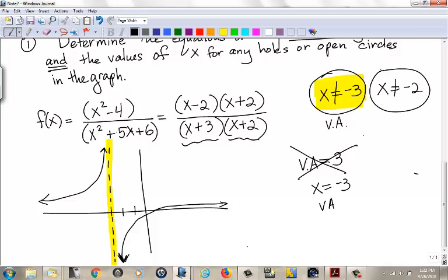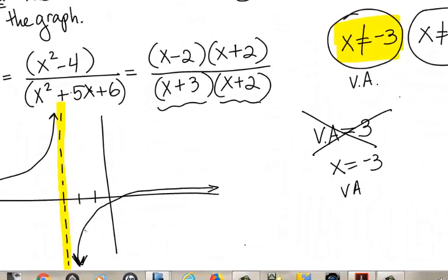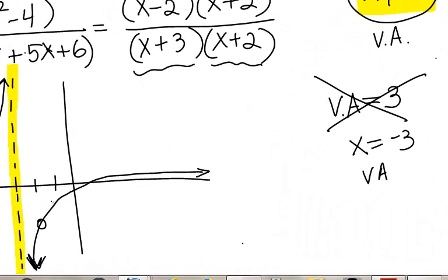That means this is not showing up as a vertical asymptote, so there is an open circle at x equals negative 2. Somewhere down here, there is an open circle. To find it on your calculator, do second function calculate and choose value number 1.